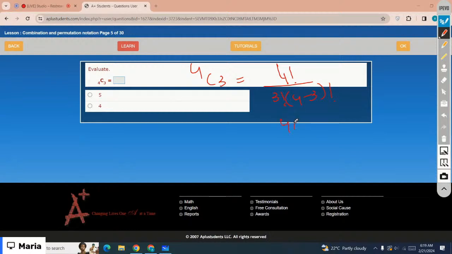So that is 4 times 3 factorial divided by 3 factorial and 4 minus 3 is 1 factorial. 3 factorial cancel out. 1 factorial is 1. So the correct option is 4. Got it?